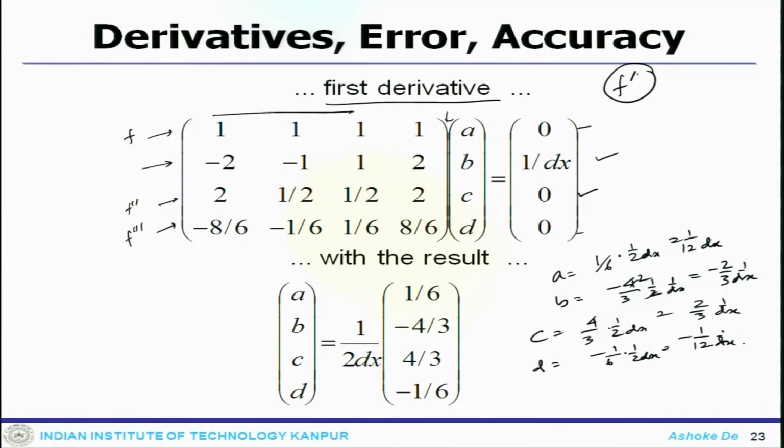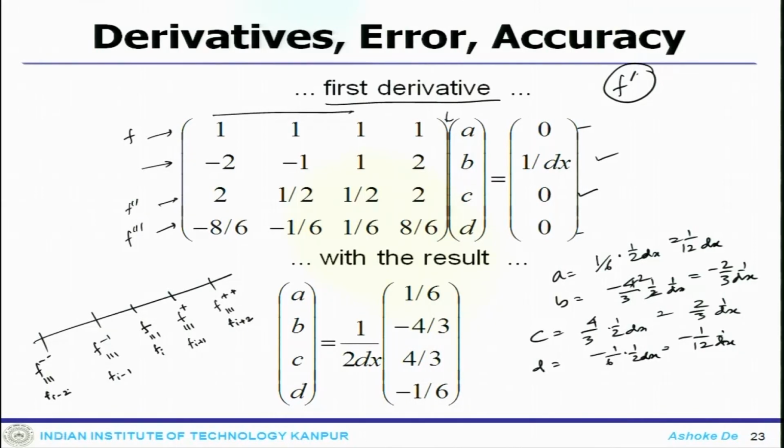Now if you see, interestingly, the points are like this. This is my f, this is f plus, f double plus, f minus, f double minus, which is equivalent to fi, fi plus 1, fi plus 2, fi minus 1, fi minus 2.